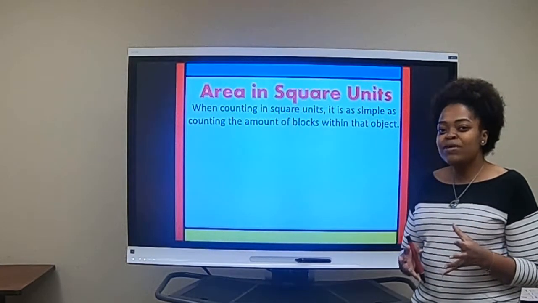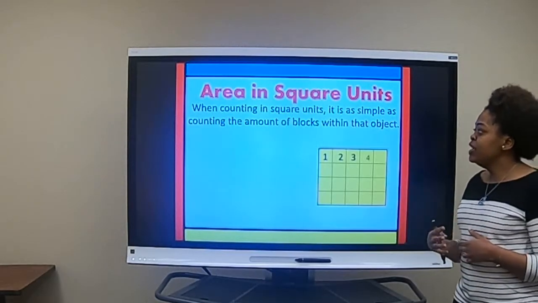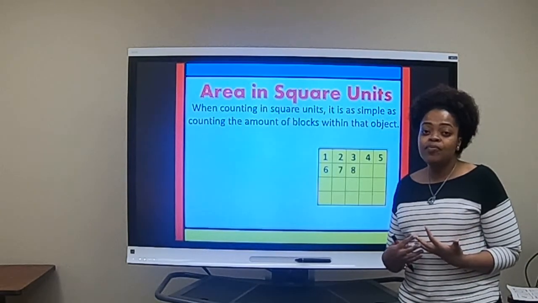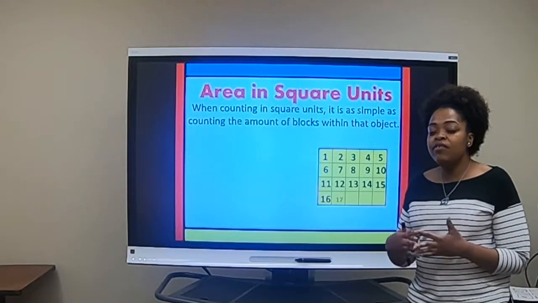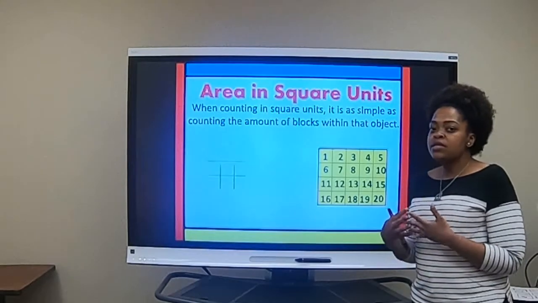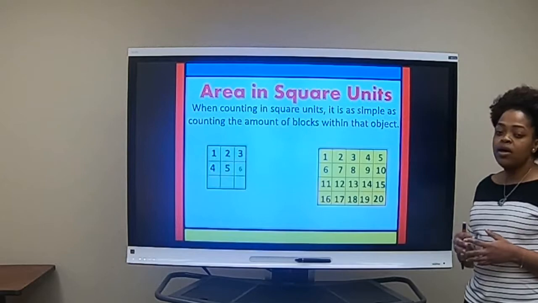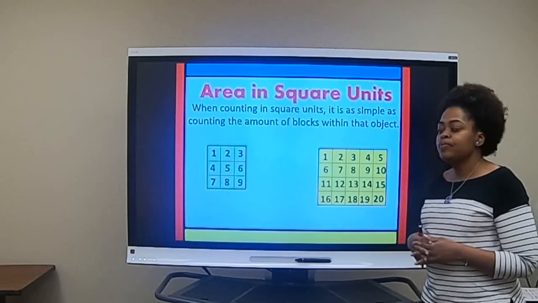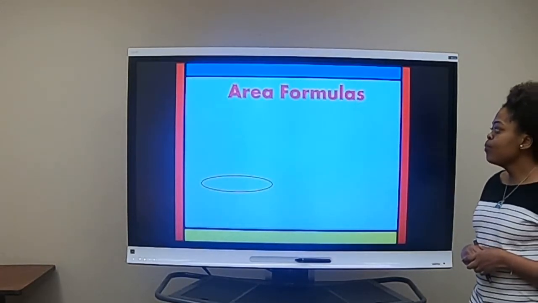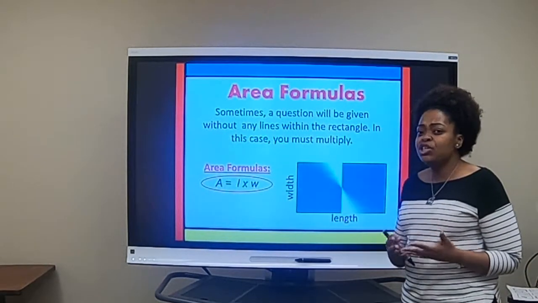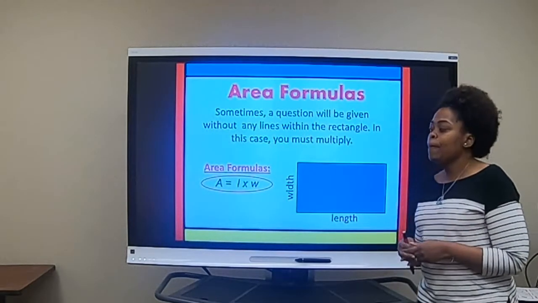So let's look closely at area. We know that area is measured in square units. In order to help us find our area of an object or a shape, sometimes we can simply count the blocks in a shape. Well, what happens if our shapes do not have any lines on the inside of them?